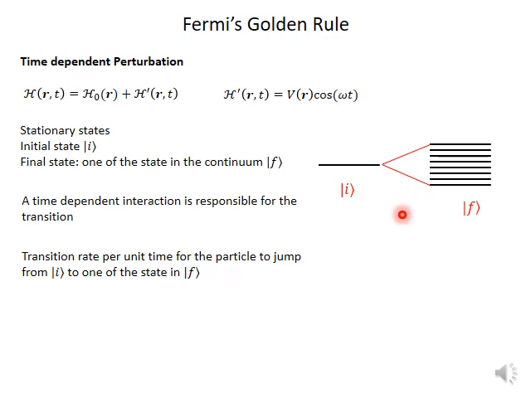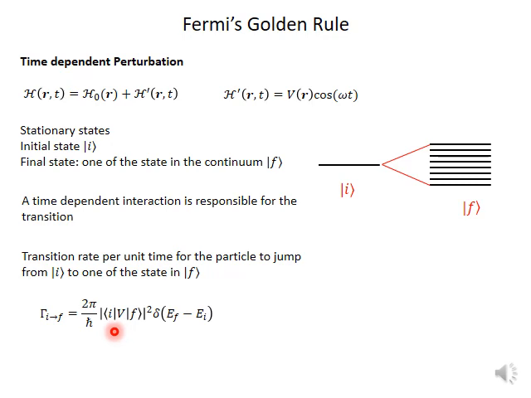For such a sinusoidal perturbation, the Fermi golden rule tells you that it is given by such an expression, where capital gamma from I to F represents the transition rate from a certain initial stationary state to a final stationary state in the presence of the time-dependent potential.